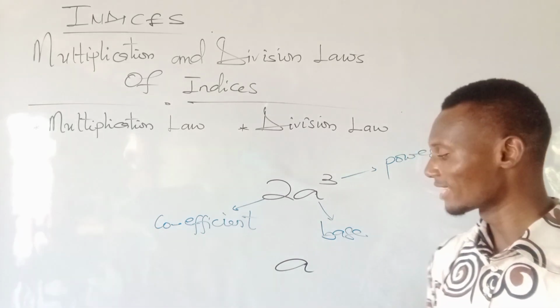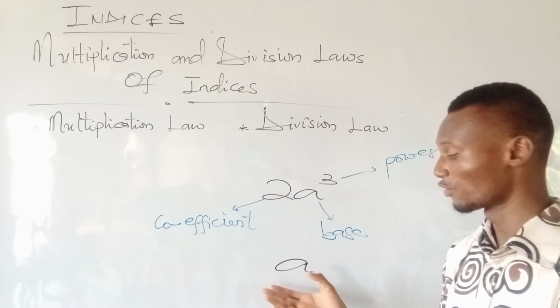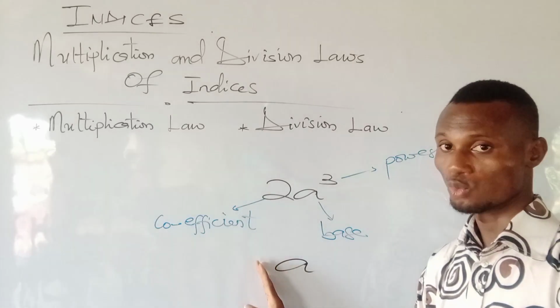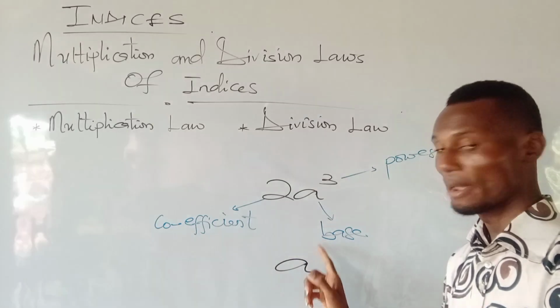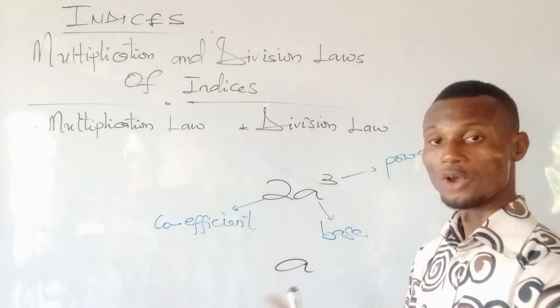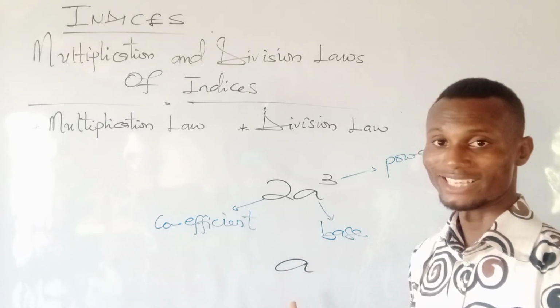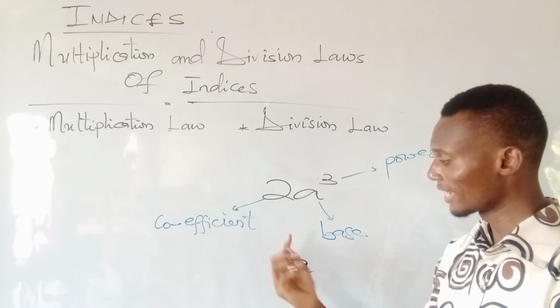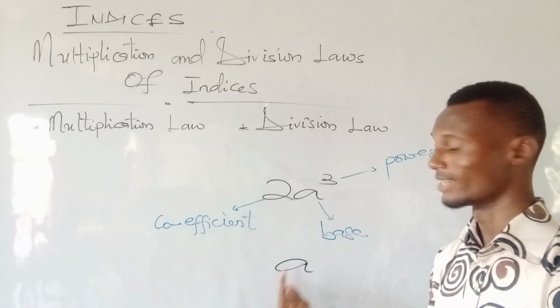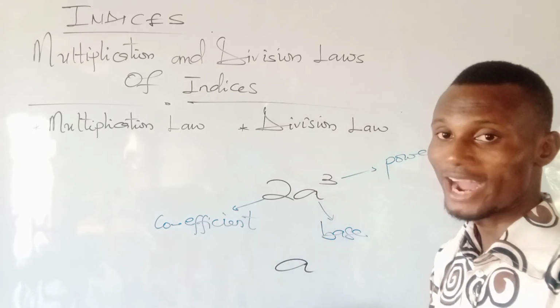Please let me go over again. When you have a variable written like this, only a standing, the coefficient is 1 and also the power is 1. Because when the coefficient is 1, we don't write the 1, and when the power is 1, we don't write the 1. We already know that the coefficient is 1 and the power is 1 when there's no specified number there.